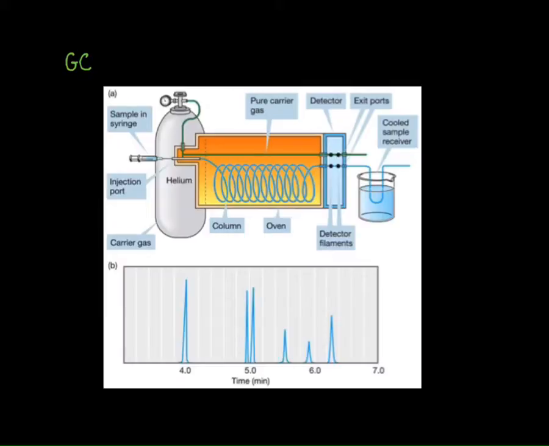And of course, the detector here can vary. Sometimes you use what's called an FID, flame ionization detector, which essentially combusts the material, or you have a TCD, thermal conductivity detector, which simply looks at the difference in electrical voltage between what's passing through the column and what's passing through as the baseline of your inert gas.